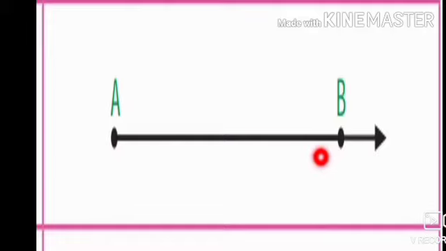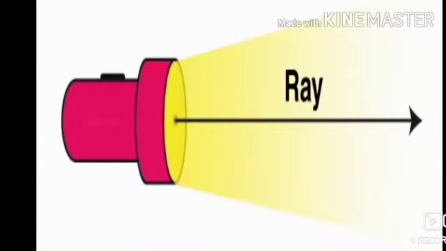It extends without any end in a particular direction, which is an example of a ray. Here, the flash starts from a point and goes without any end point, which is called a ray.